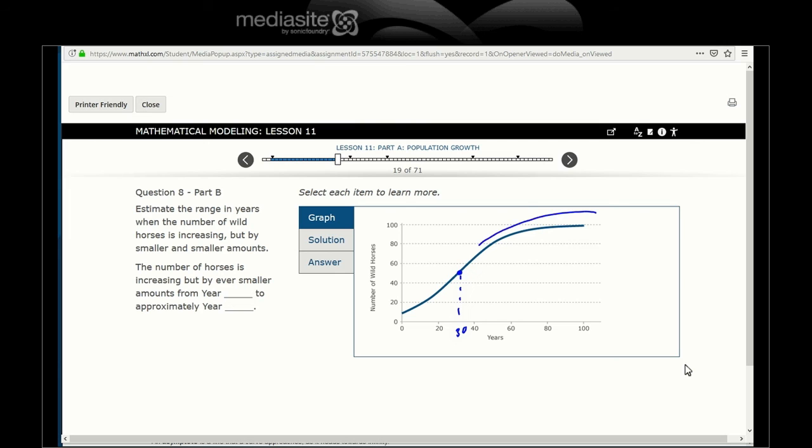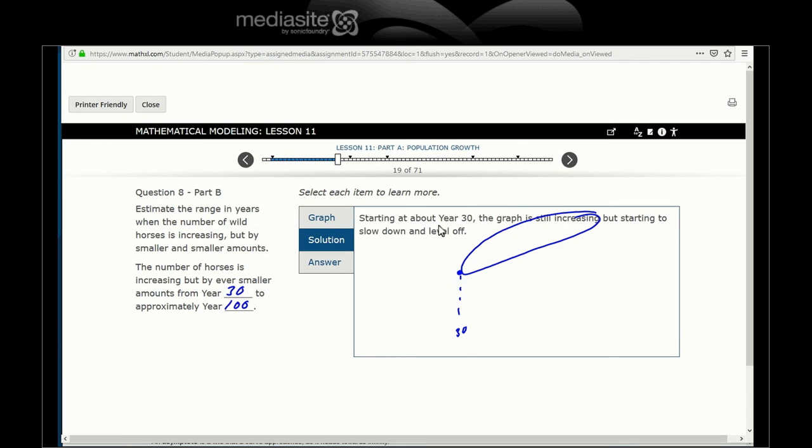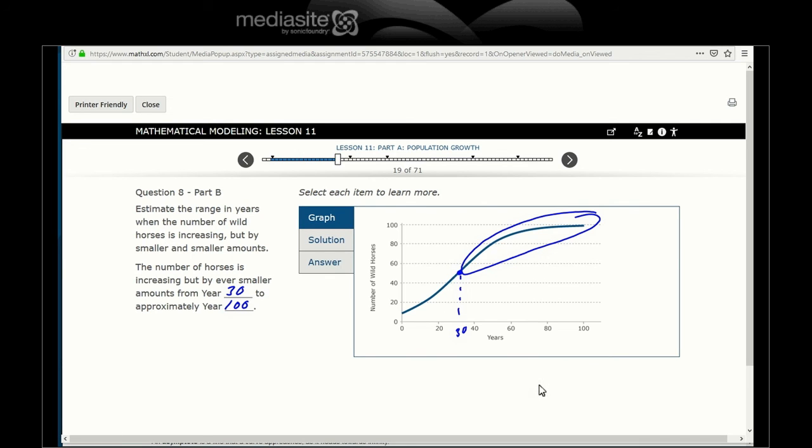We'll be on this side of the curve, so from year 30 to about year 100. Now what causes this? Well, they might have hit a population point where the amount of food may be becoming a stressor. Maybe.